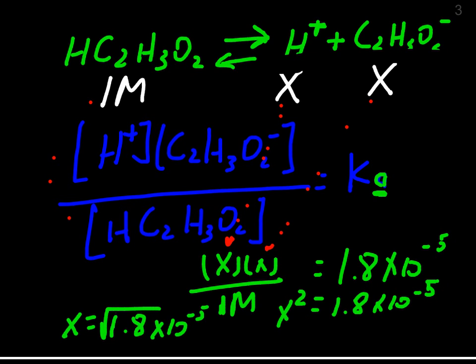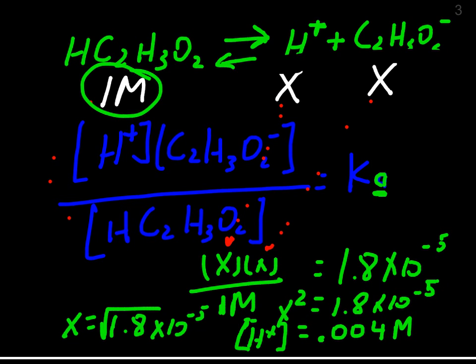If I do that, I get the hydrogen ion concentration, H plus, equal to 0.004 molar. And it is weaker, I mean, there is less. For an equal concentration of 1 molar, a 1 molar concentration of a strong acid gave me a 1 molar concentration of hydrogen ions.